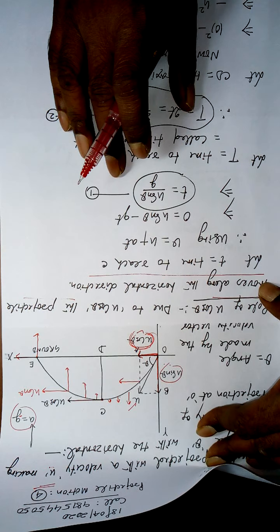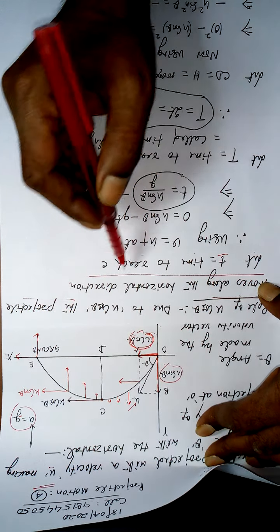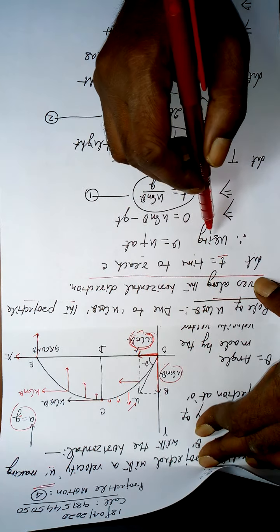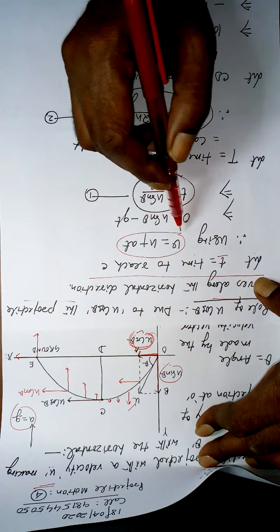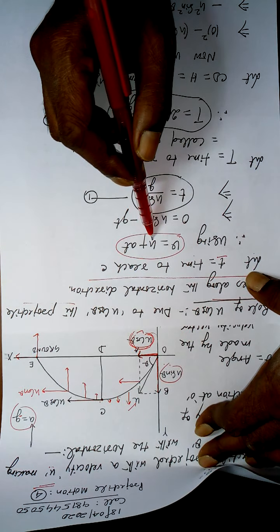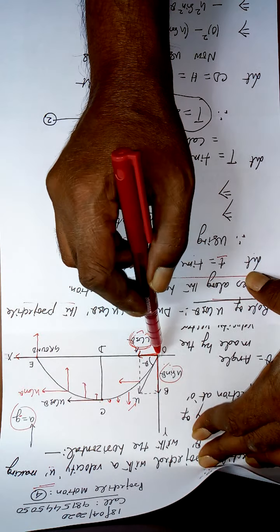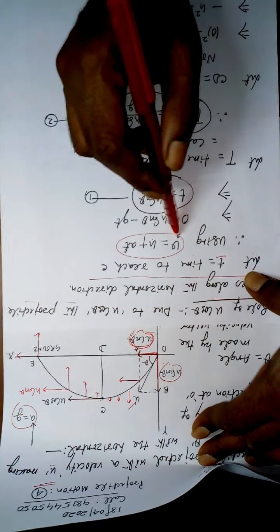Now let us analyze further to do the derivations. Let small t be the time to reach C. Using the relation v is equal to u plus at for the vertical direction, final velocity is equal to initial velocity plus acceleration into time. The final value of u sine theta at C is 0.